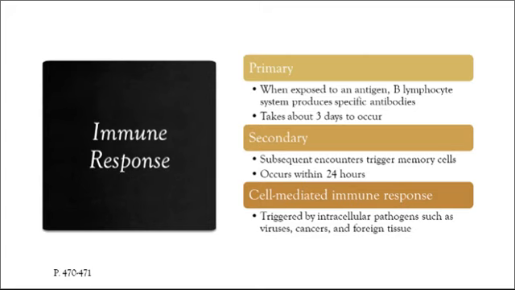Like if you're taking a medication, it'll be the third dose or the third day where suddenly you have a reaction. Somebody might be exposed to something and they don't react the first time, and then the next time or over several days, they're suddenly reacting, because the secondary subsequent encounters trigger the memory cells.